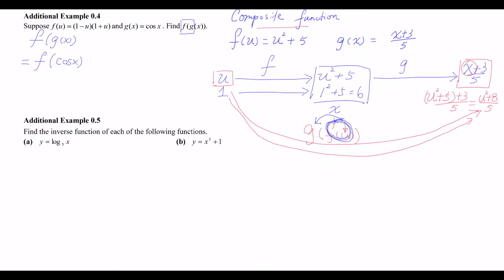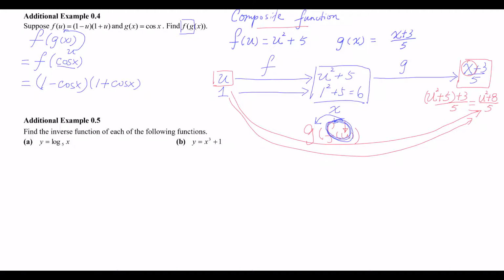How do we operate on this variable? If u is the independent variable, we have 1 minus this variable, times the sum of 1 and this variable, and so this becomes the u here for function f. According to the definition, we have 1 minus cosine x, times 1 plus cosine x.